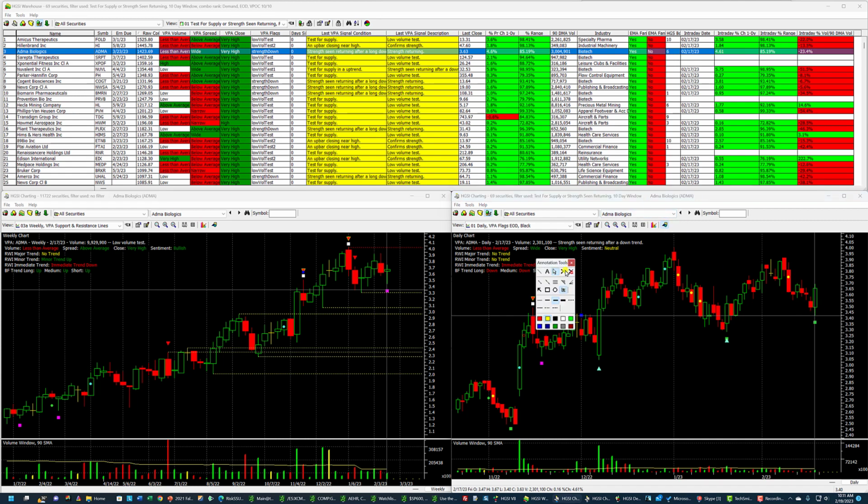And once again, if I'm interested in potentially taking this trade, okay, that's a 9% risk, approximately 9% risk if I wait to buy it a tick or two above the high on Friday and then putting the stop in down here.